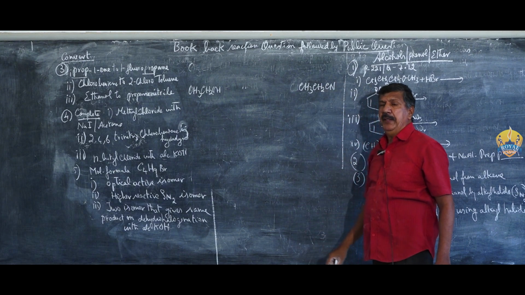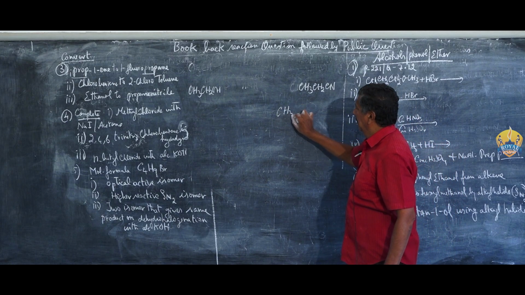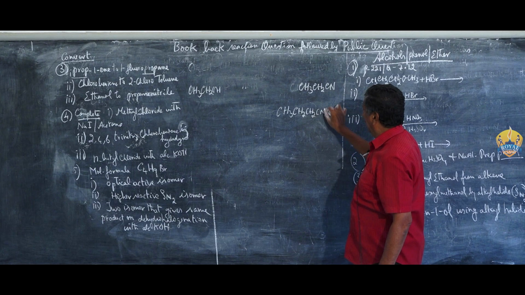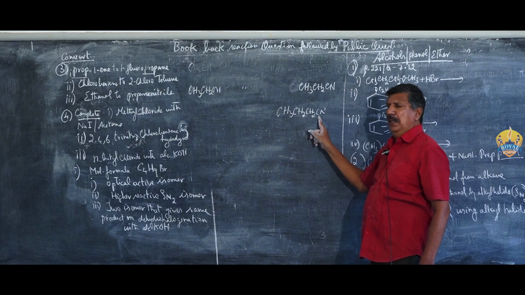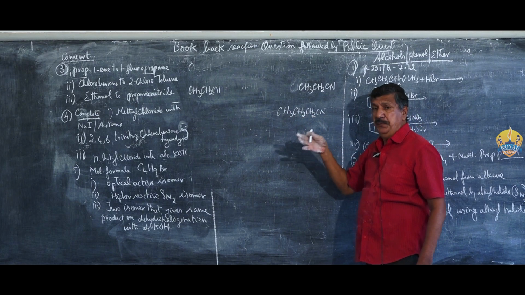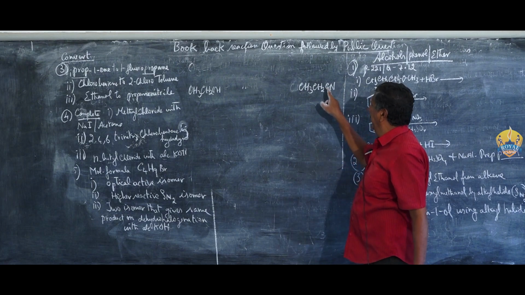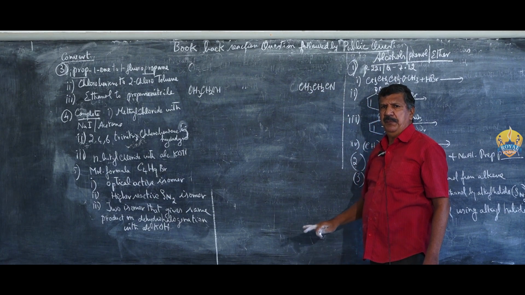When they say propane nitrile, be careful, don't write like this. This is 1, 2, 3, 4. You should count the carbons. 1, 2, 3, 4. This is butane nitrile. Propane nitrile means 1, 2, 3, that's all, 3 carbons.